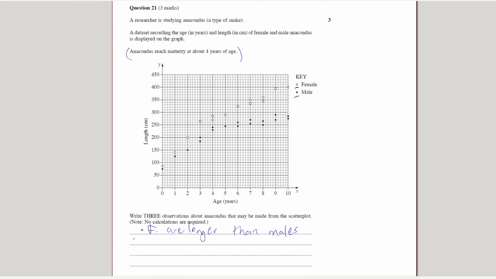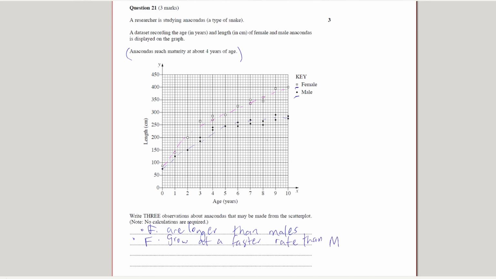Now, what else can you say? Let's see how fast they grow. Let's say pink is the female and blue is the male. How fast are they growing? You can clearly see that the female anacondas grow faster than males, so that's another observation.